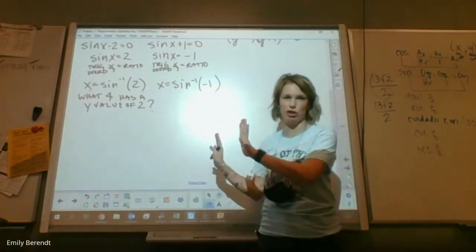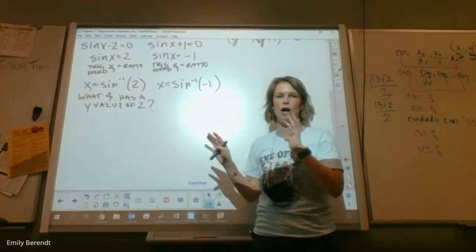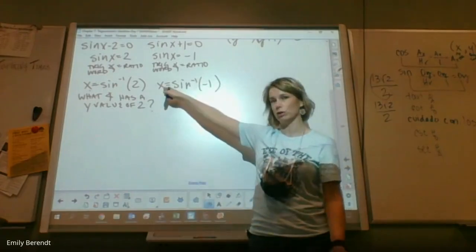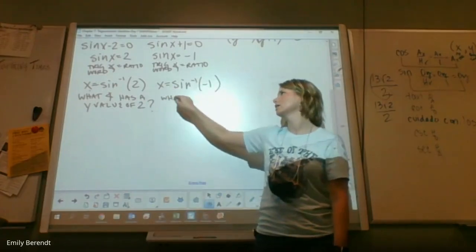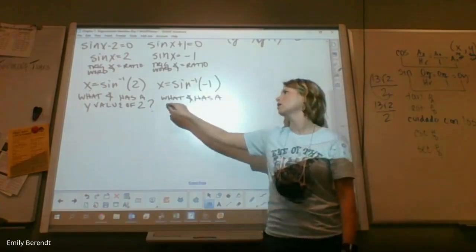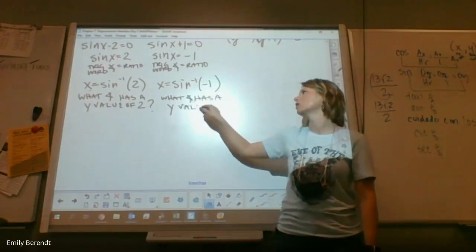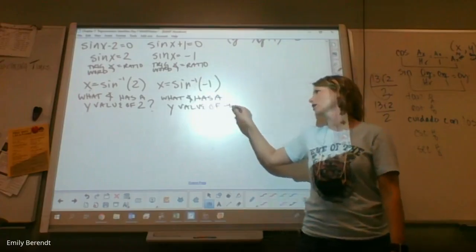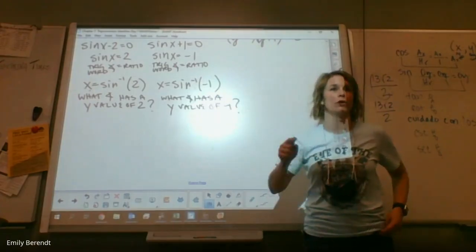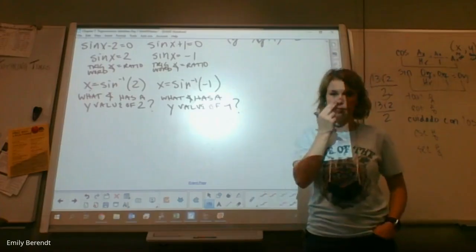That's what the first question's saying. What angle has a y value of 2? The second question is saying x represents an angle. What angle has a y value of -1? So you can't get to the answers unless you understand what it's actually asking you to find.